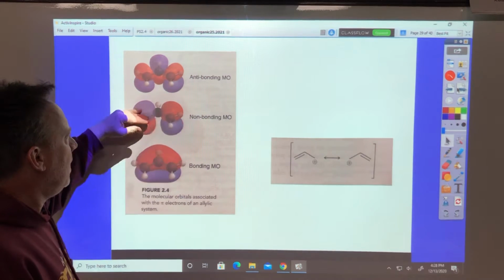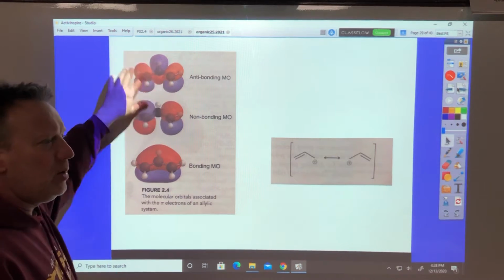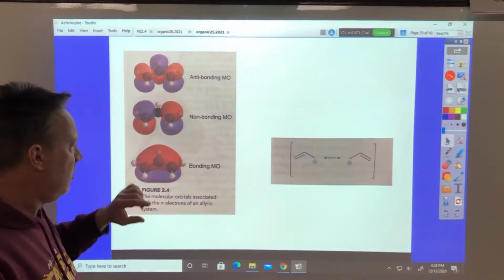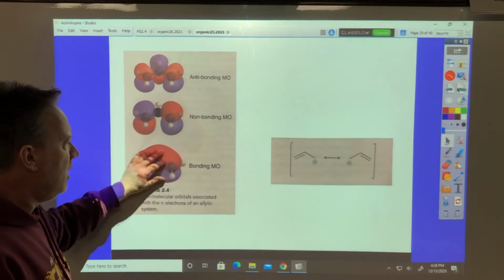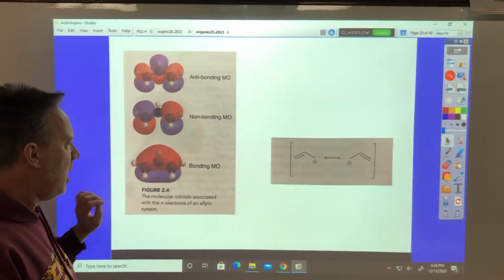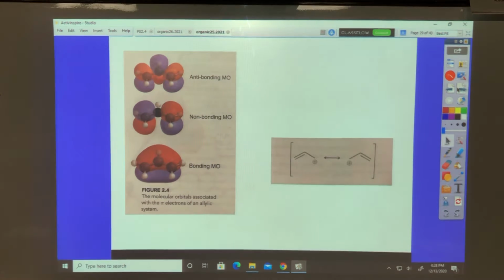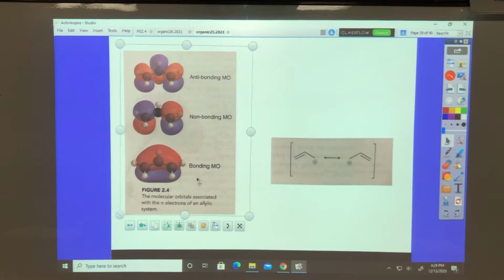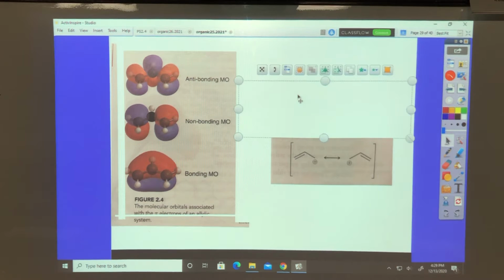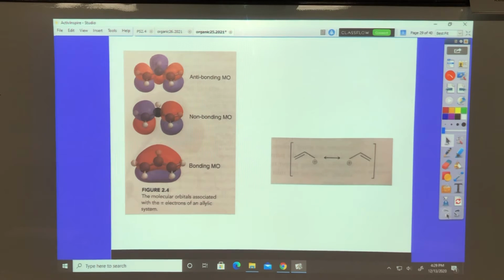And a non-bonding molecular orbital, where the math doesn't show this working out, but you have constructive interference when you run it this way with a bonding molecular orbital, with the pi electrons. So this is what we expect because it's a bonding molecular orbital. I think I can increase the size of that a smidge. Nope, I don't want to do that because it screws everything up.